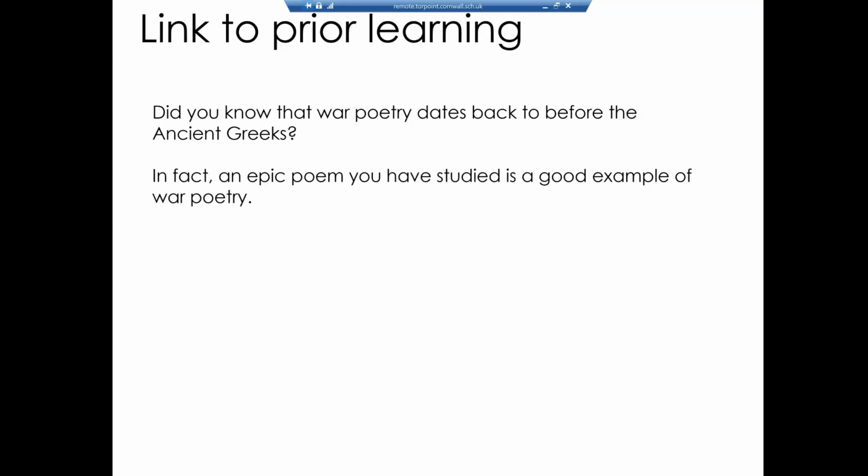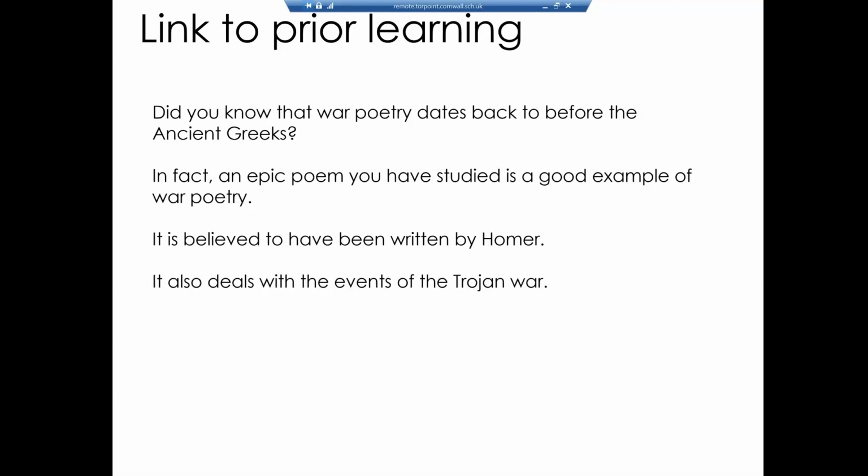In fact, an epic poem that you have studied is a really good example of war poetry. Okay, I want you to be thinking about this. I've got 2 more clues. It is believed to have been written by Homer. It also deals with the events of the Trojan War.